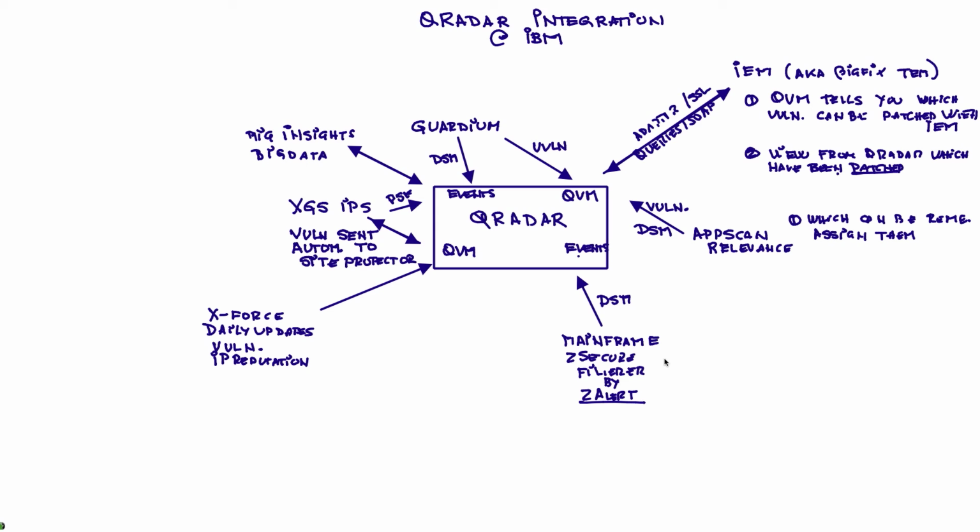It can send all those vulnerabilities into QVM, and we've seen all the good things that QVM can do. If you search QVM demo on YouTube, you're going to find details of that. And also on YouTube, there's the integration demo that shows Guardium working with QRadar.